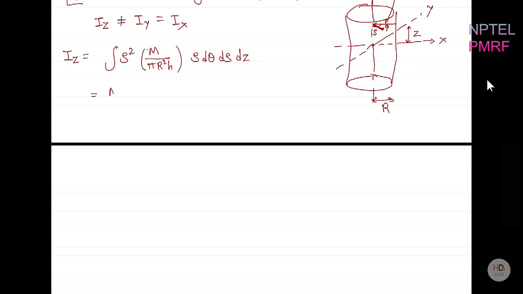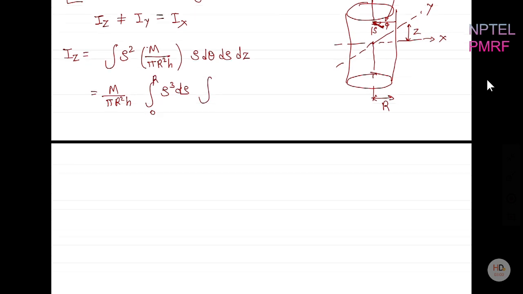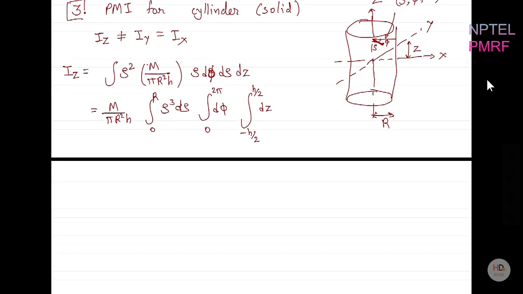So this becomes m by pi r square h. In rho we have rho cube d rho, where rho runs from 0 to r. Then theta, or oh, we are calling it phi, d phi, which runs from 0 to 2 pi, and dz, which runs from minus h over 2 to h over 2, right? Did I do that correct? Yes.